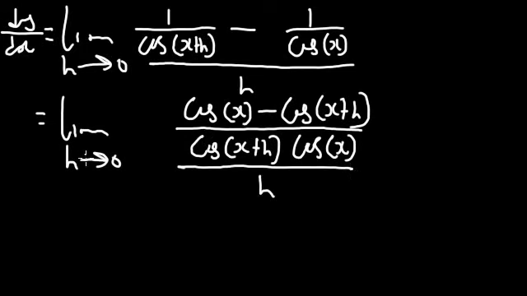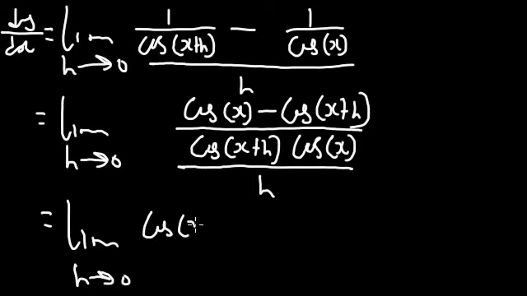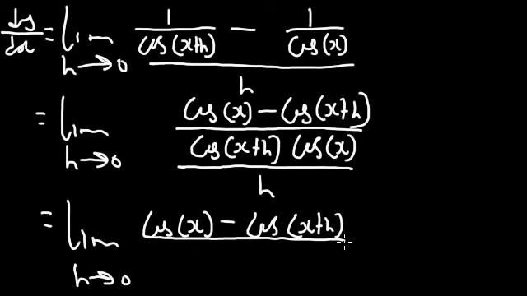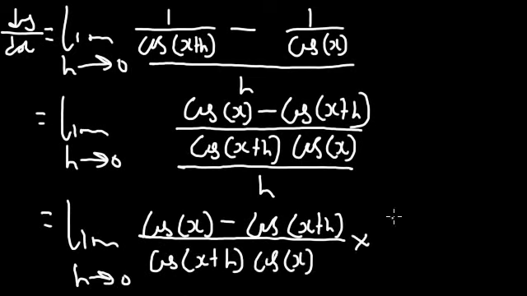At this point, we can use the concept of keep, change, and flip. This is a fraction itself, and it's divided by another one. So that becomes the limit as h approaches 0 of cosine x minus cosine of x plus h, divided by cosine of x plus h times cosine x, then multiplied by 1 over h.